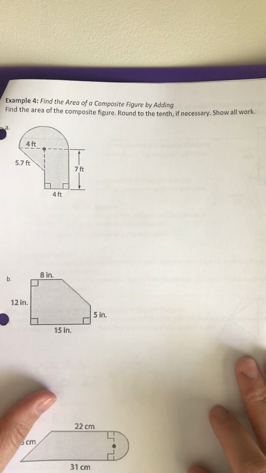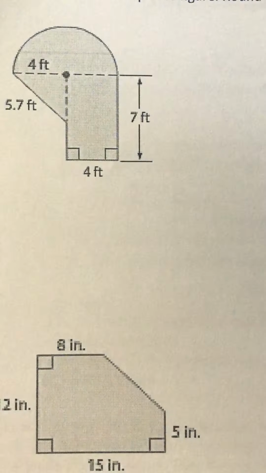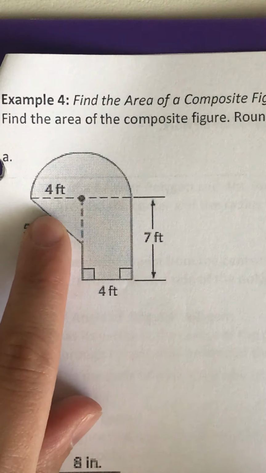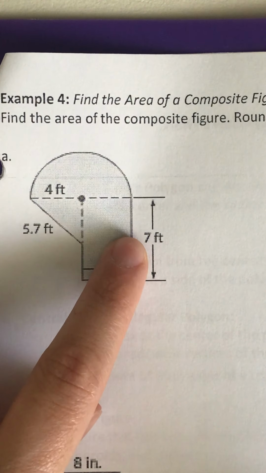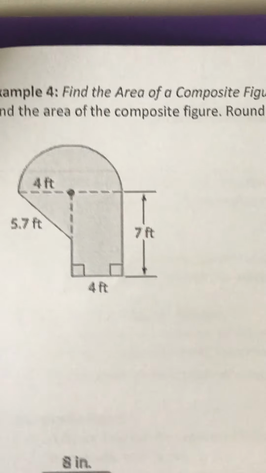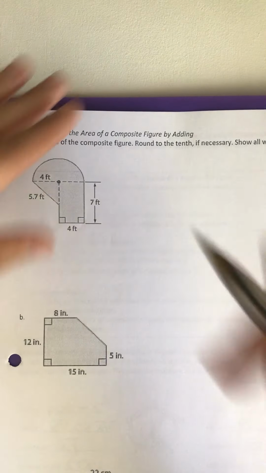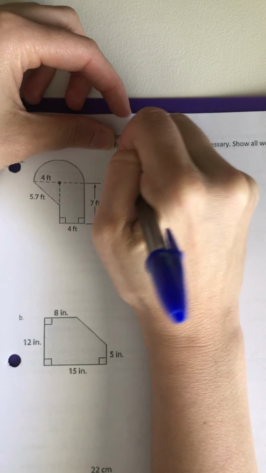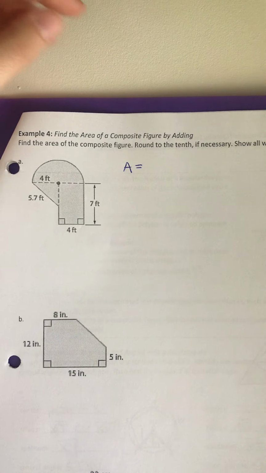So this first one that we're going to do here, if you notice, we have a triangle, a rectangle, and a semicircle or a half circle. So I like to write that down first. And of course I'm going to do it in different colors.